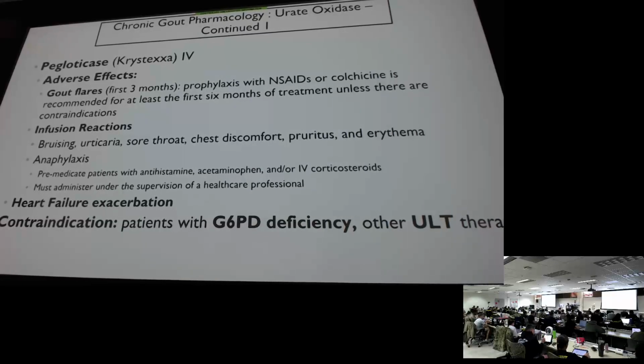Infusion reactions, so it's IV. The infusion reactions can be bruising, urticaria, sore throat, chest discomfort, so all those things from getting the IV infusion, or anaphylaxis. G6PD again, or if they're on another ULT, those are the two contraindications.